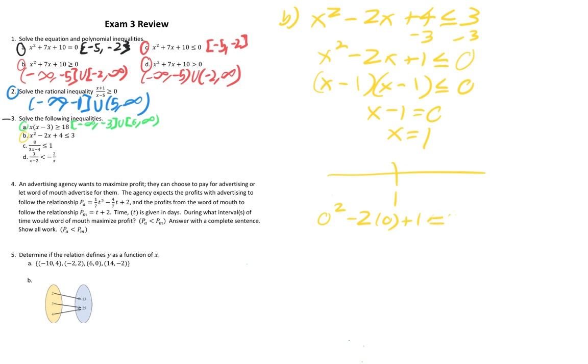That's going to give us just 1, which is a positive number. So we're going to have positive there. Let's try a number that's greater than 1, like 2. So 2 squared minus 2 times 2 plus 1. It's going to also give us 1, right, which is a positive number. So we know the only point on our function where we satisfy the less than or equal to is at 1.